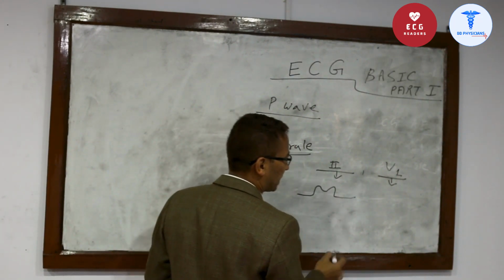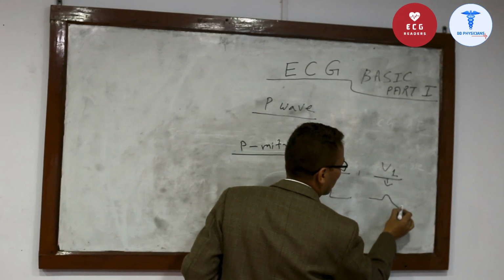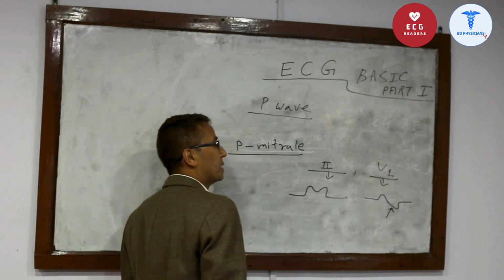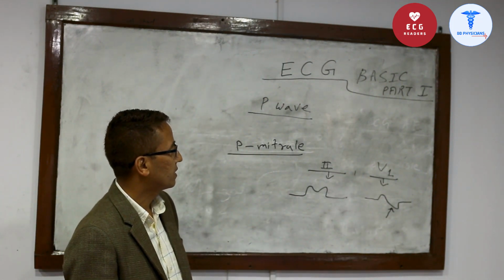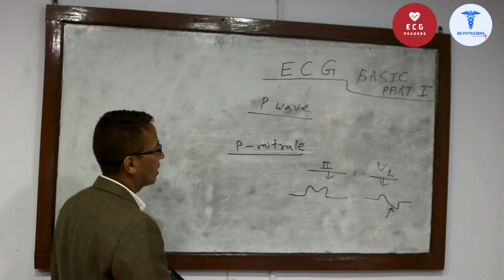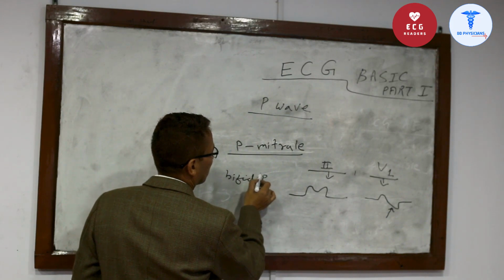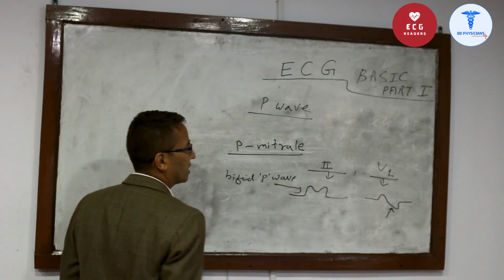In lead 1, the terminal negative component of the P wave is larger than the initial positive component. P mitrale is also called bifid P wave.